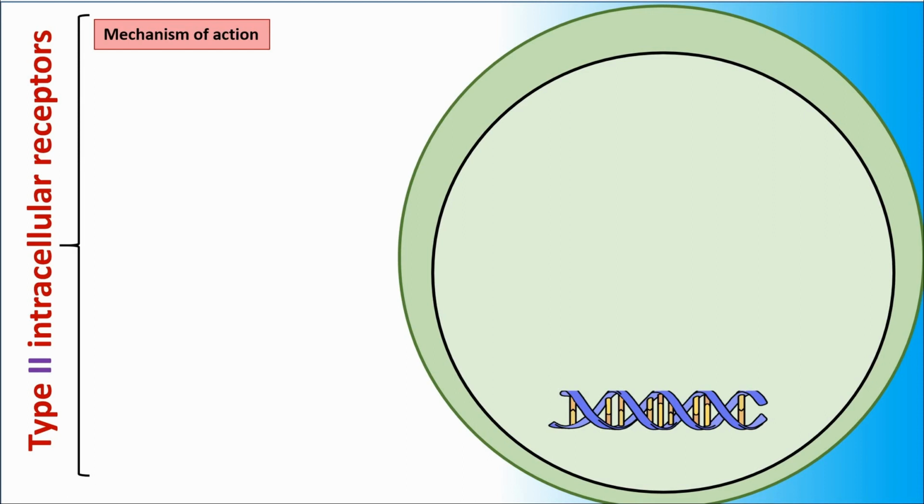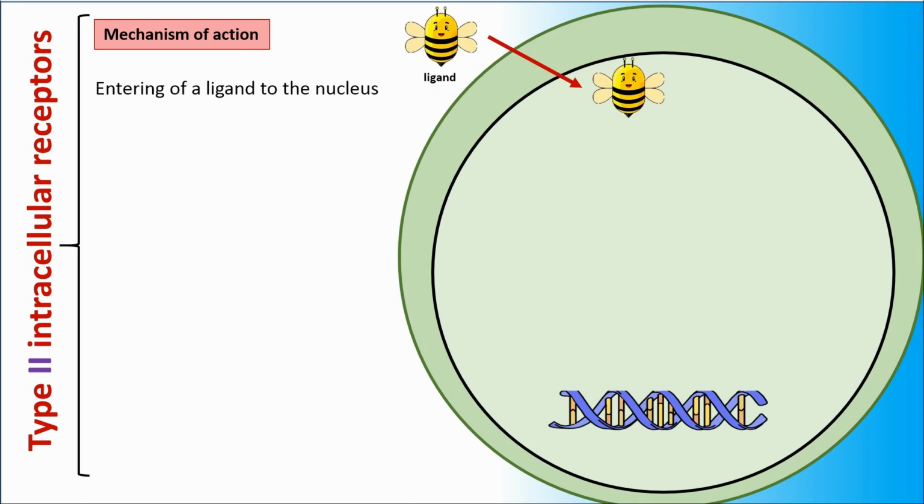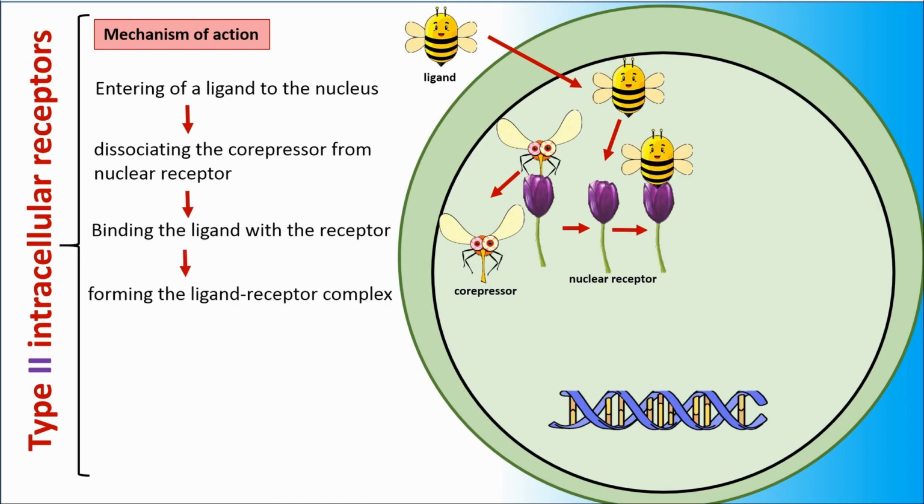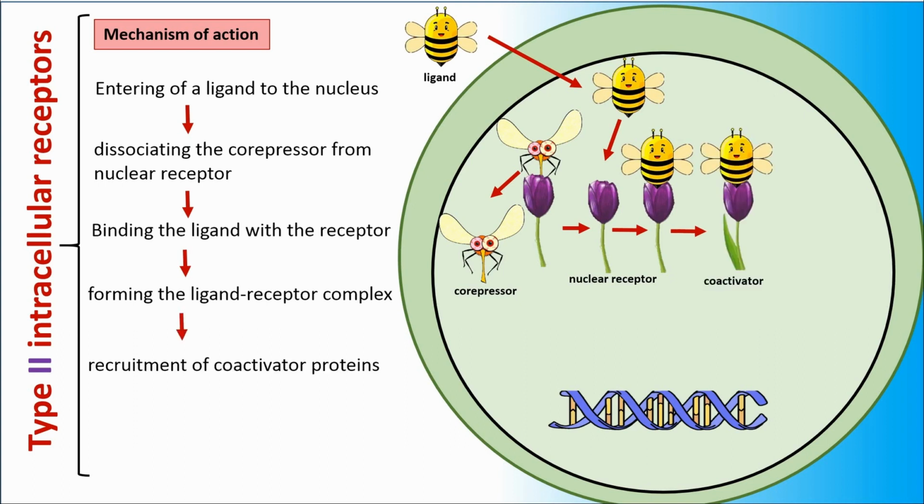Mechanism of action of type 2 intracellular receptors. At first, entering of a ligand to the nucleus. Then, dissociating the co-repressor from the nuclear receptor and binding the ligand with the receptor. Then forming the ligand-receptor complex.